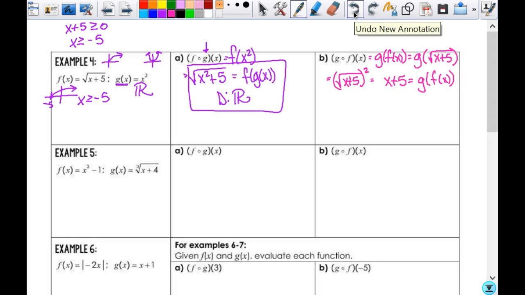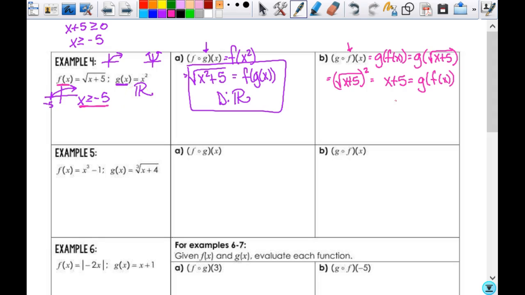So is my domain just automatically all real numbers? No, I have to go back and look at f. The domain here is the domain of f such that all of the f of x values live in all real numbers, right? Well, all of the outputs that we get, would they all be real numbers? Yes. So the domain is the domain of f as long as all of the f of x values live in here, which they do.